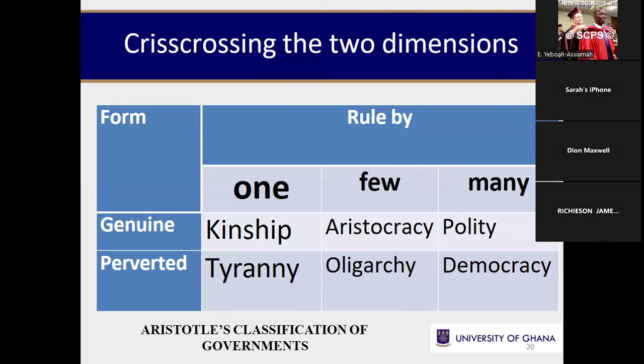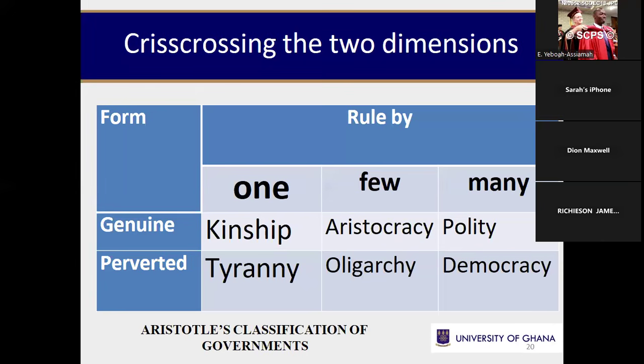Oligarchy. Now, Aristotle here, if it was ruled by many, but in the genuine interest, he called it what? Polity. Polity, right? Polis, affairs of the state. So polity is something akin to the people, affairs of state, interests of the people, right?